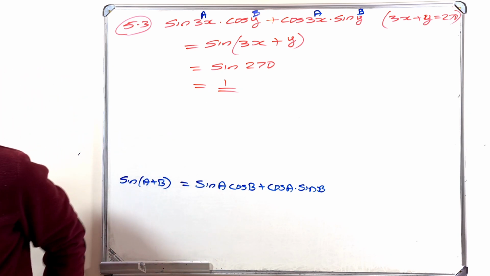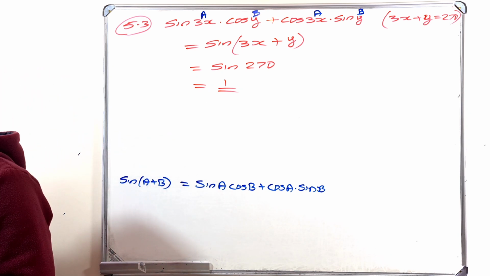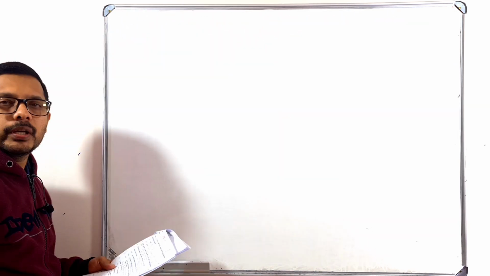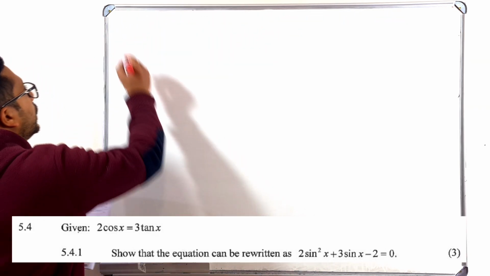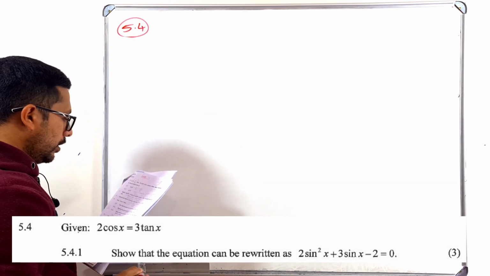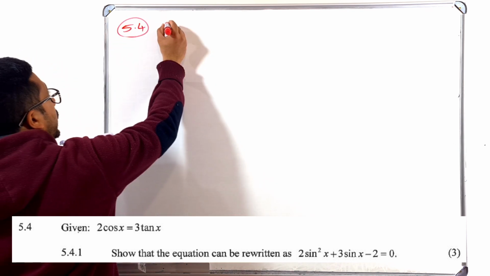Now let's go to question number 5.4. What is that question? Given 2 cos x is equal to 3 tan x.